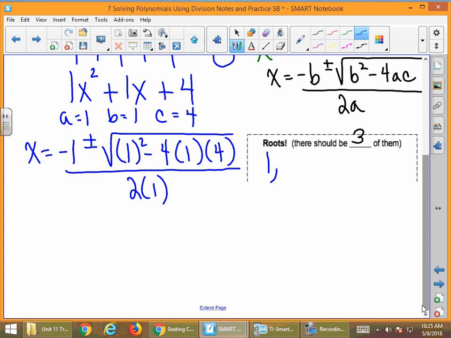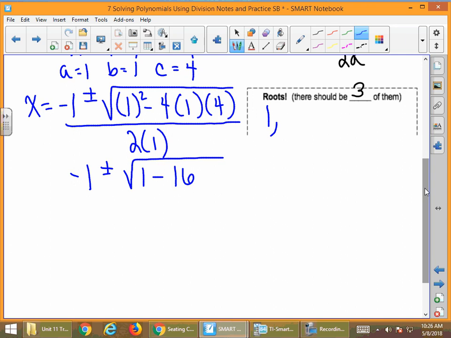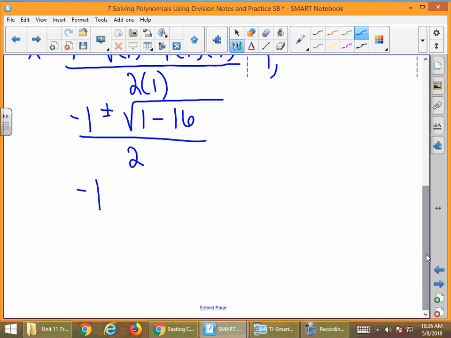When we simplify that a little bit more, we get negative 1 plus or minus the square root of 1 minus 16, 4 times 1 times 4, all divided by 2. 1 minus 16 is negative 15, divided by 2.